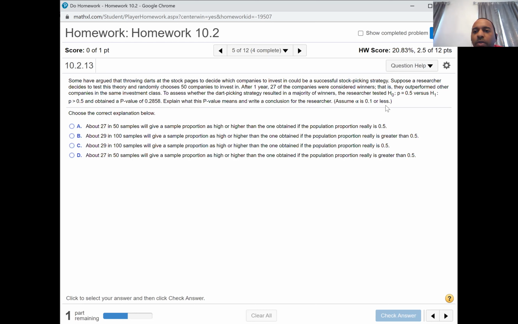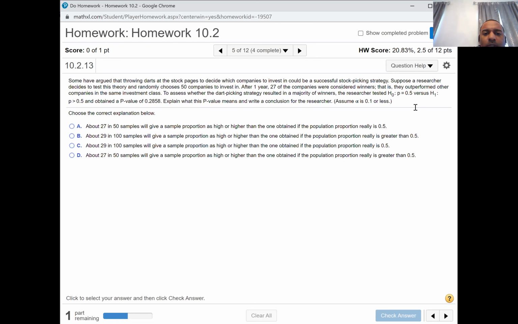The significance level is 0.1 or less. All right, so the p-value is 0.285 and the significance level is 0.1. That means you do not reject the null hypothesis. So let's see what we got going on here as our options.